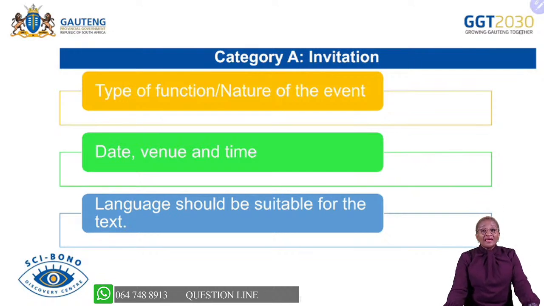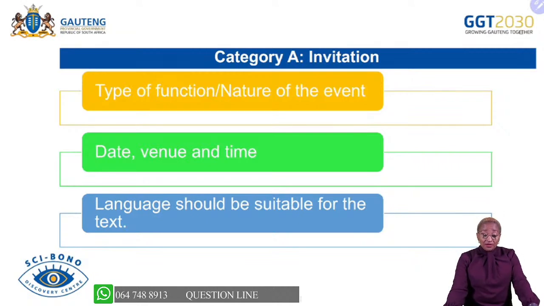I spoke about it earlier, whether it would be a wedding celebration, a birthday celebration, or any other celebration. You also need to include the date of the celebration, the venue where the celebration will take place, and lastly, the time that you're expecting people to come.